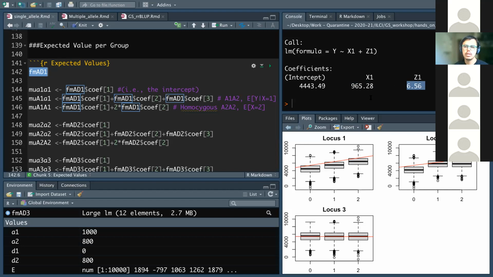So look that for locus 1, which doesn't have dominant deviation, the effect of C is pretty close to 0. But if we do that for the second locus, the one that has a dominant deviation, you can see here that when we take into account the dominance in the model, we can capture that dominance as well.